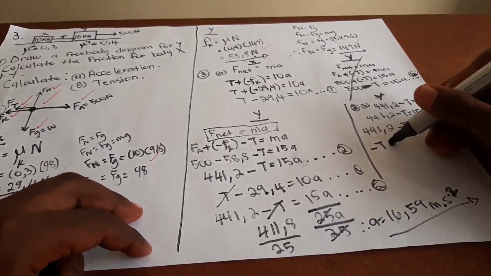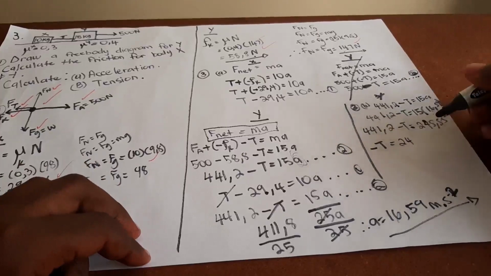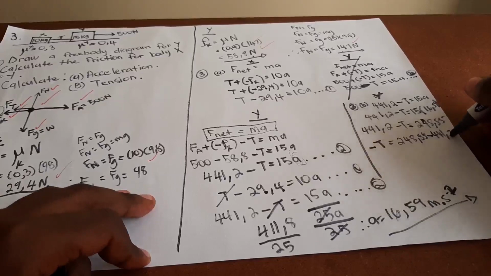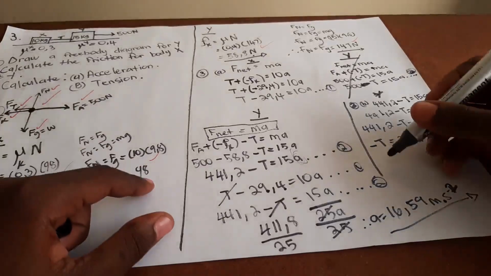Our negative T is equal to 248.85 minus 441.2, which becomes negative 192.35.